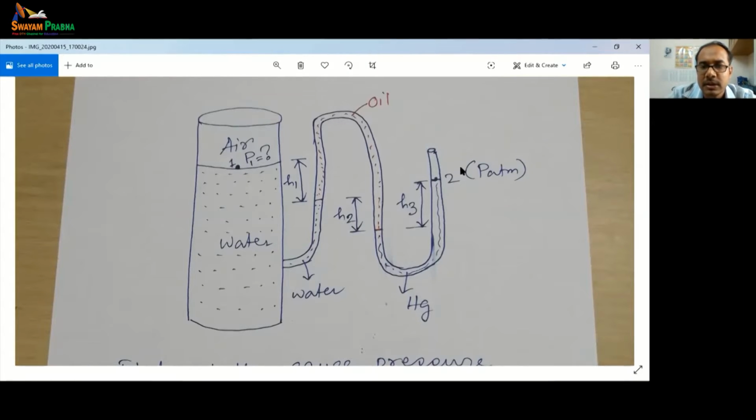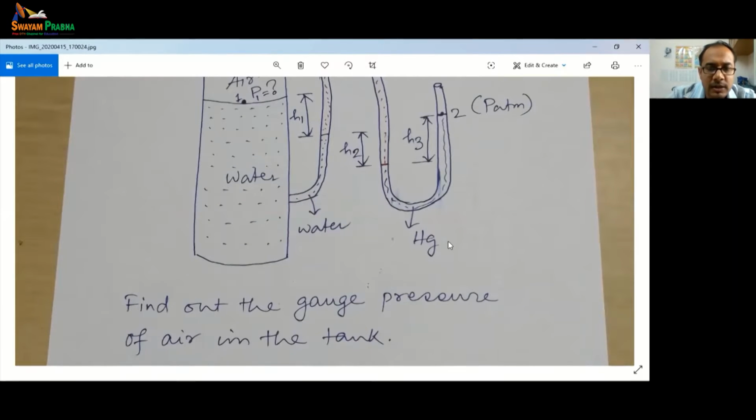That means point 2 will have the atmospheric pressure. This is the basic construction of the manometer. And what is to be found out? We need to find out the gauge pressure for air inside the tank.